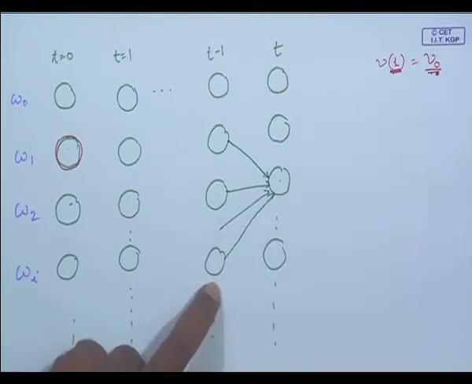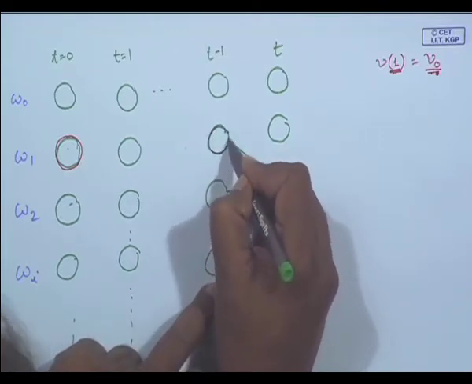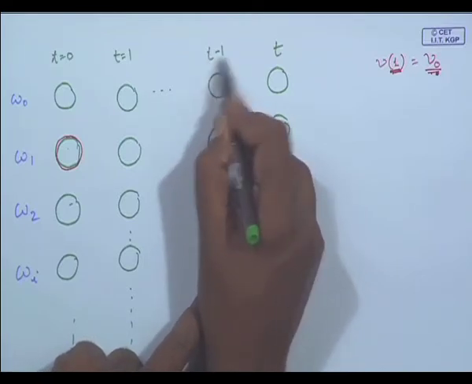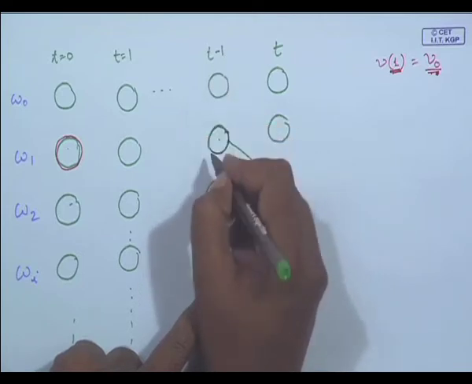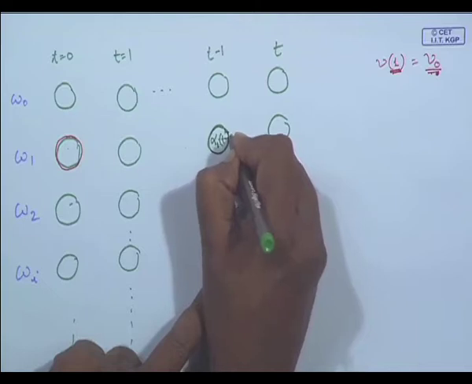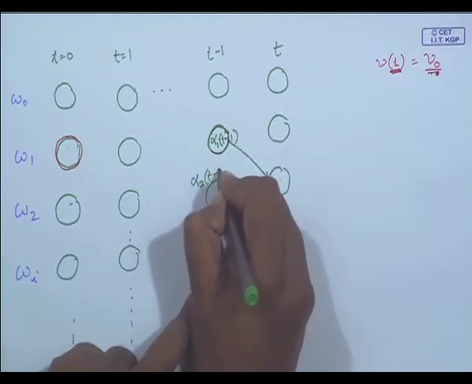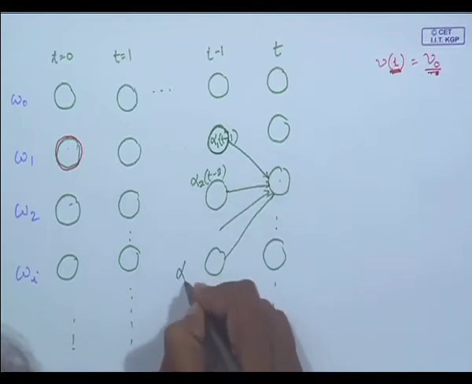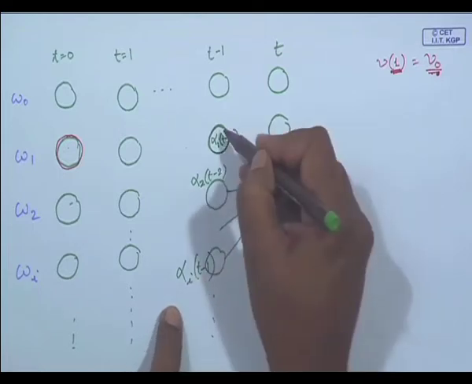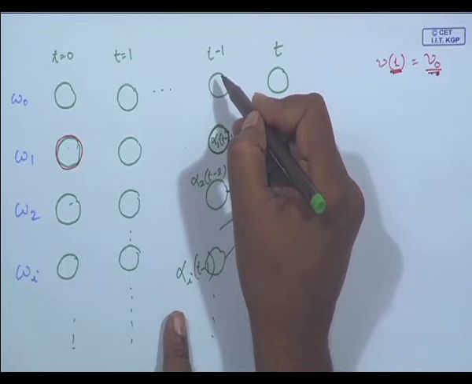Now, suppose I have been able to compute the probability that the machine is in state omega 1 at time instant t minus 1, and that is given by alpha 1 (t minus 1). Here it is alpha 2 (t minus 1). Here it is alpha i (t minus 1). So, these are the probabilities that the machine is in these states at time instant t minus 1.